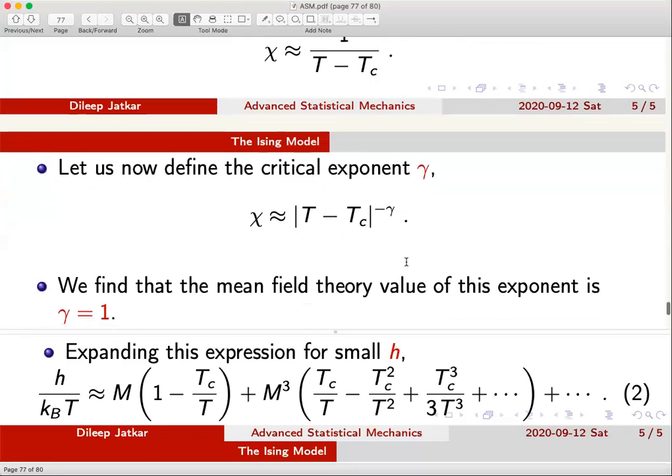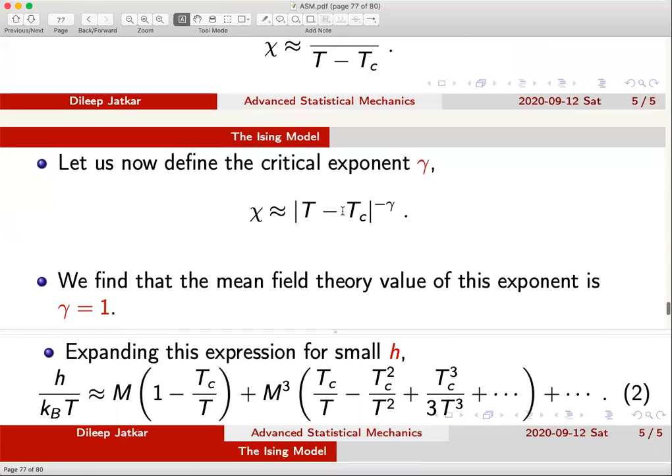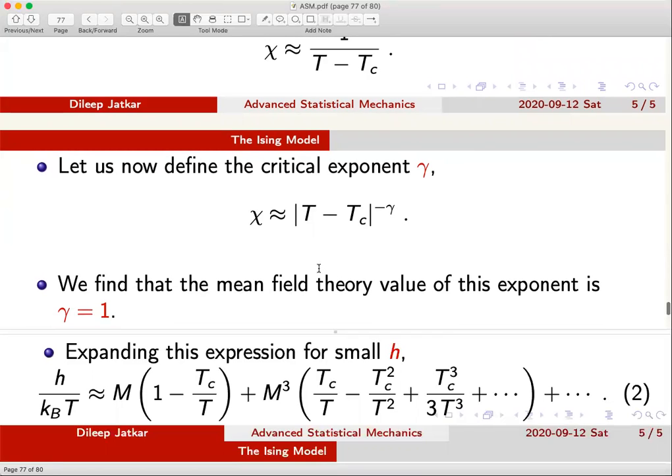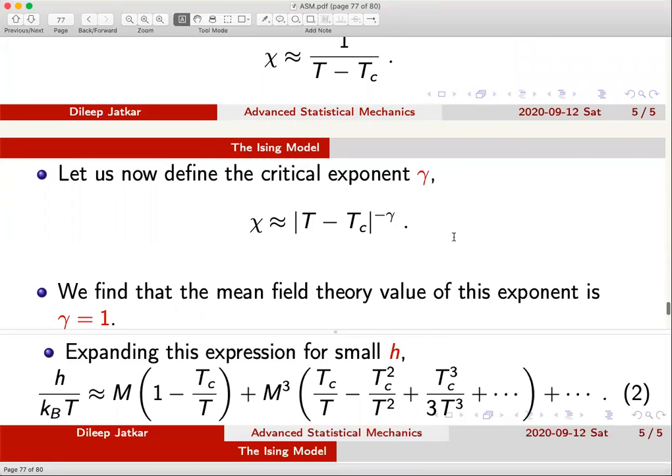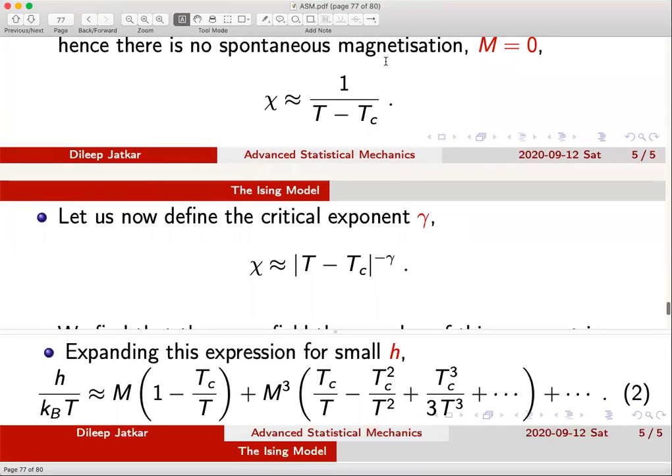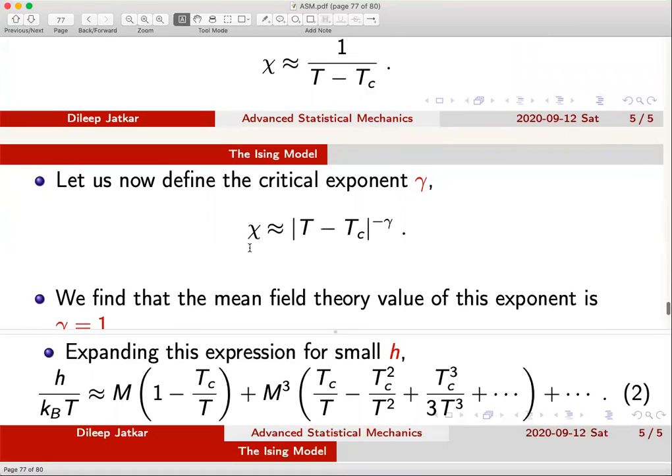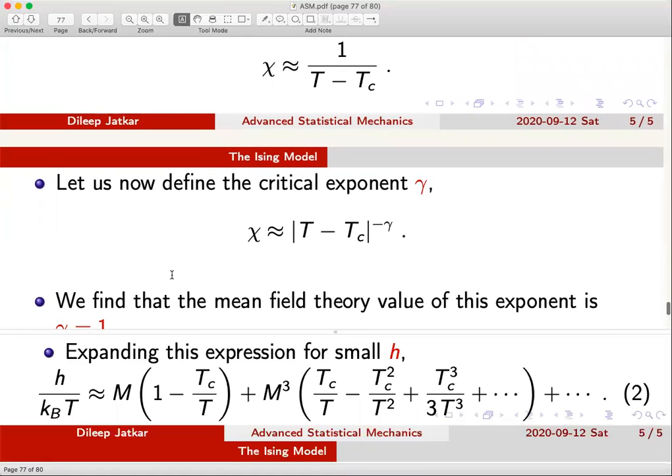This is a definition for T greater than Tc, and that is the reason why you really don't need a mod. There is another definition when T is less than Tc, which we will give shortly. But the way it is defined here, you can compare that with the mean field computation, and you find that the mean field value of gamma is 1, because it is defined to be minus gamma, so gamma is 1.